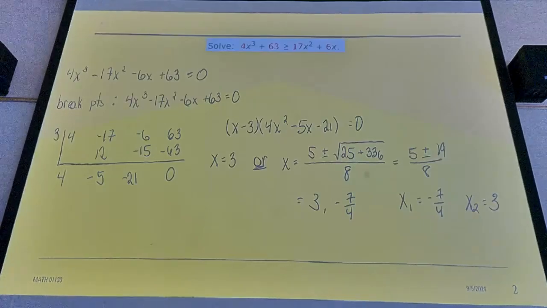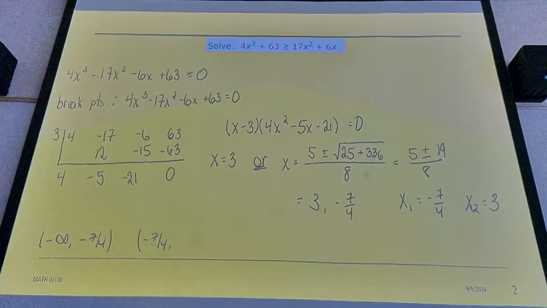Now we set up the test intervals. Take the real number line, all real numbers, and split them at the breakpoints. First breakpoint, negative 7/4. Then we'll continue on until second breakpoint. There are no others, so then we just continue on forever.